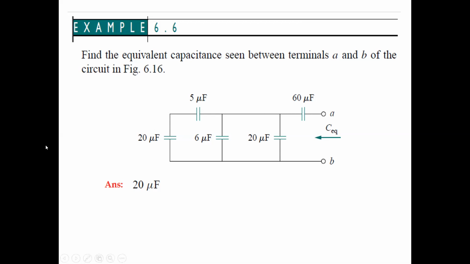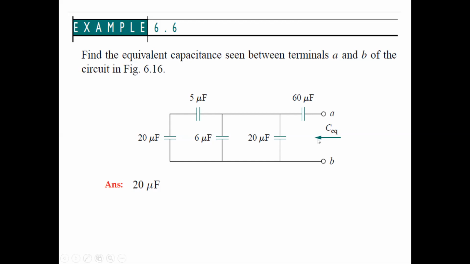So the result for this branch, the equivalent capacitance, will be 20 multiplied by 5 divided by 20 plus 5, means 100 divided by 25, and the result will be 4 microfarad. Then 4 microfarad will be in parallel with 6 microfarad, and the result will be 4 plus 6, and it will come out to be 10.